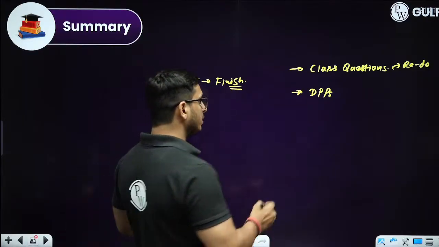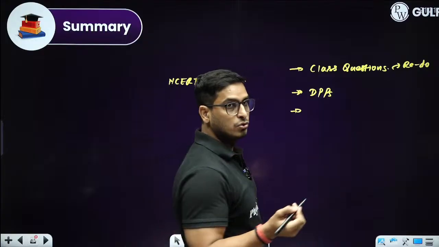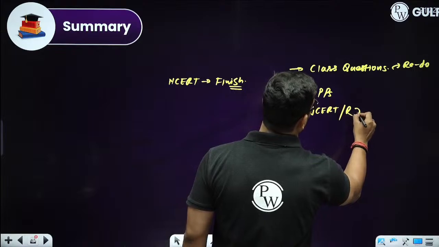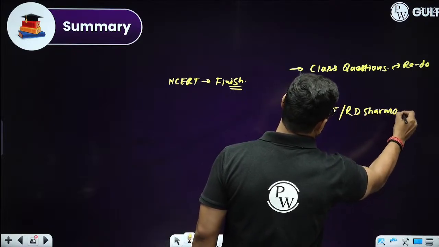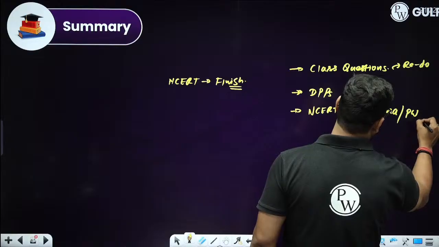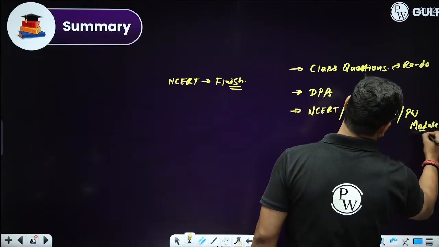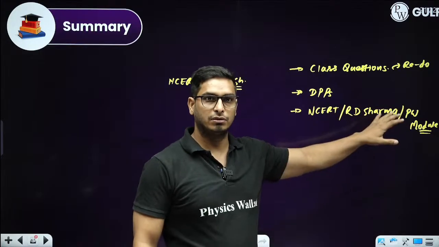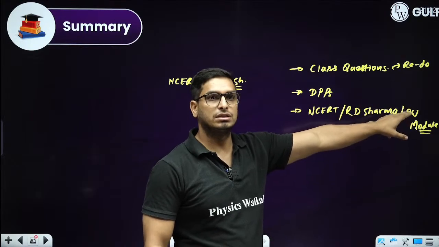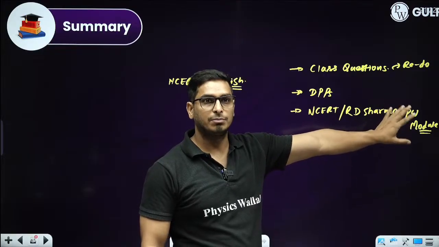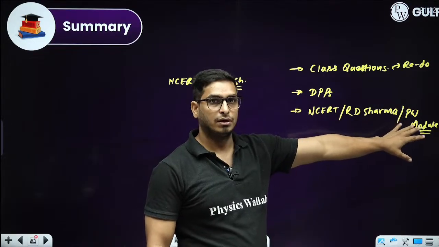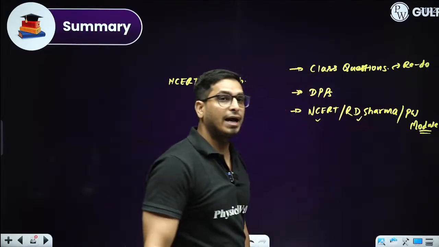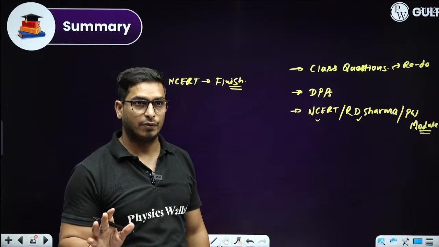And then you can use your textbook, NCERT or RD Sharma, or if you have bought the PW module, you can use the PW module and forget about NCERT, RD Sharma. All the basics are covered in the PW module. But if you don't have it, then you can go with NCERT or RD Sharma. Try solving basic questions first.